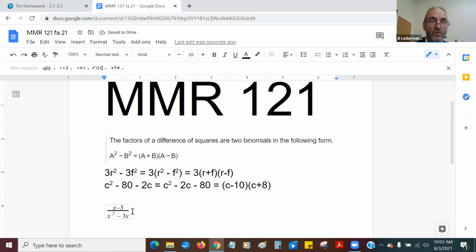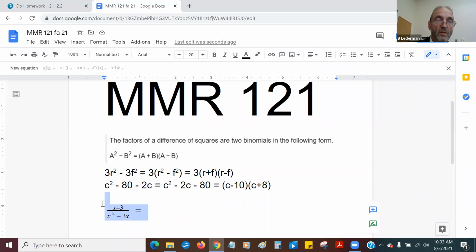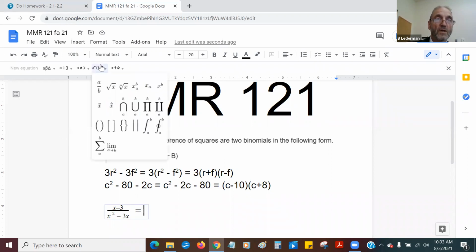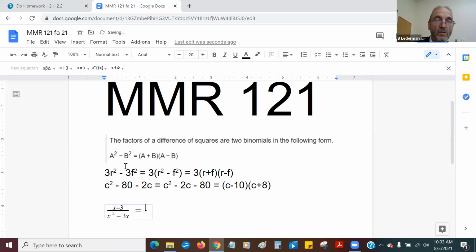So the first thing I'm going to have to do here is let me just copy this whole thing and do it over again. Another fraction bar. On top, I'm going to have x minus 3.